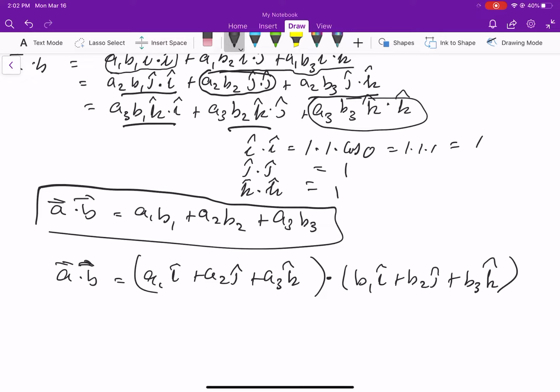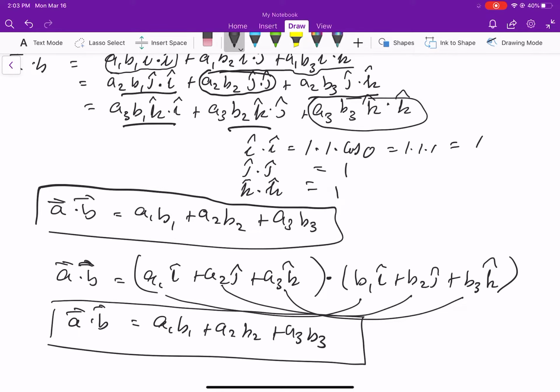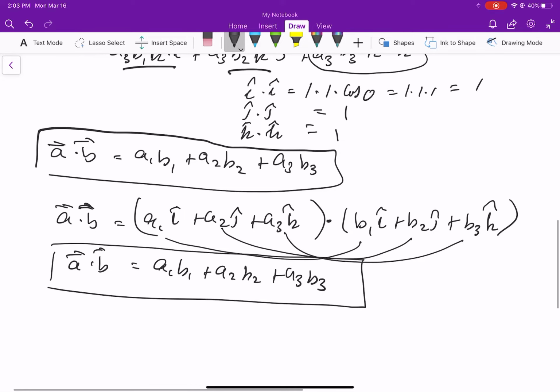All you're doing, the end result is the coefficient of I times the coefficient of I, the coefficient of J times the coefficient of J, and the coefficient of K times the coefficient of K: A1B1 plus A2B2 plus A3B3. I just went through that proof to make you appreciate where this result comes from. You don't need to prove it every time you need it. You just use it to your advantage.